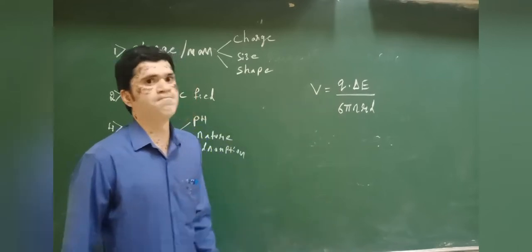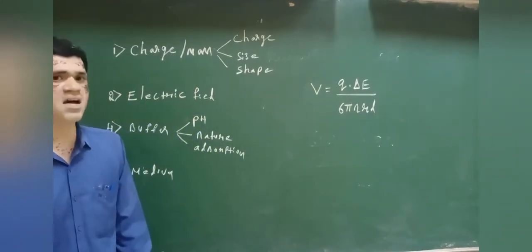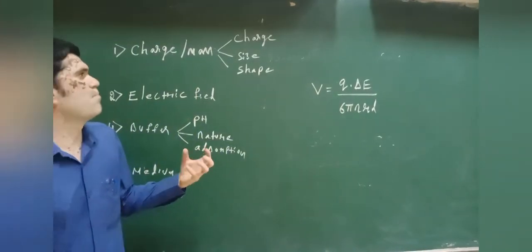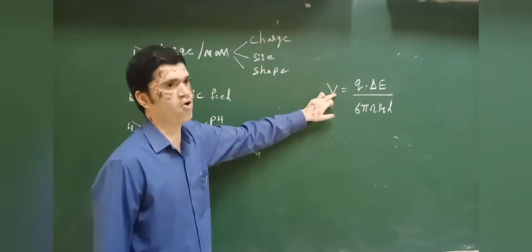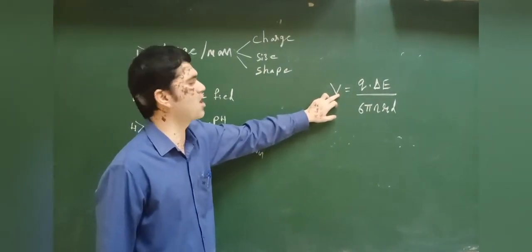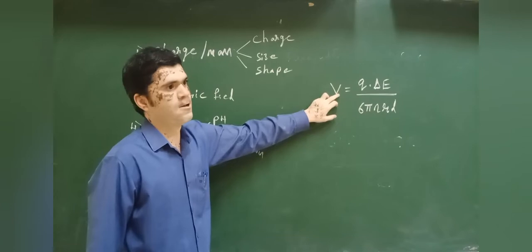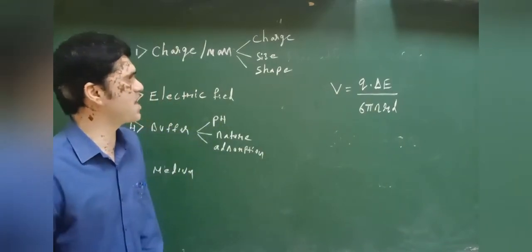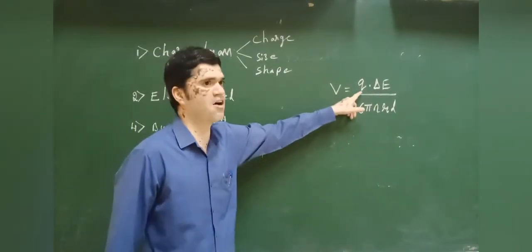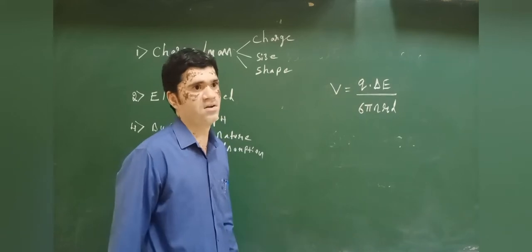That means as the charge on the particle increases, the electrophoretic mobility of the molecule also increases. Now we have to remember that charge is independent of the pH of the buffer.